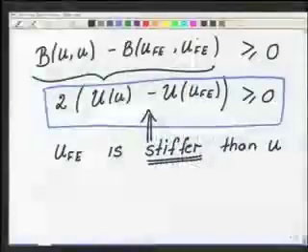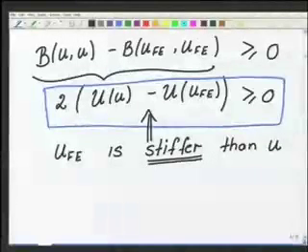That if I have a problem with geometric constraints which are homogeneous in nature, then, and see, this is true irrespective of what my bilinear form is. This is a generic representation.